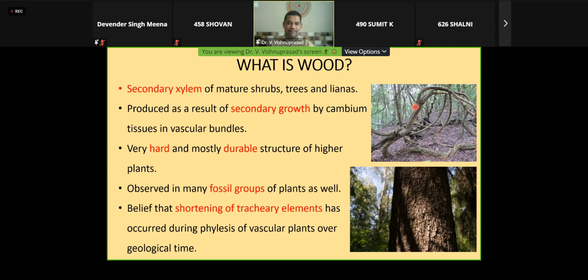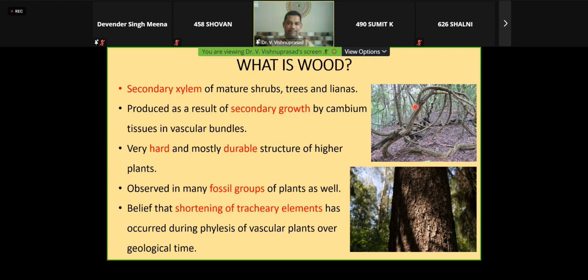I can understand, right? So here, see, there is something called a primary vascular bundle, which is there right in the center. This you will be able to find in the case of small plants or seedlings. Okay, so there is something called cambium. Cambium is present between the xylem and the phloem.